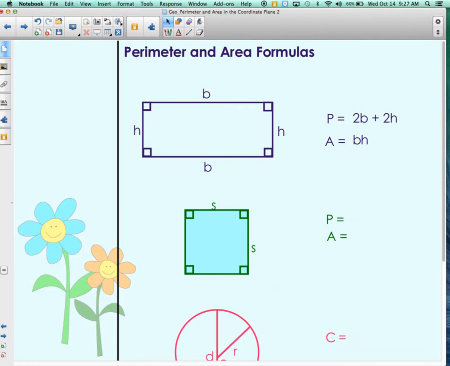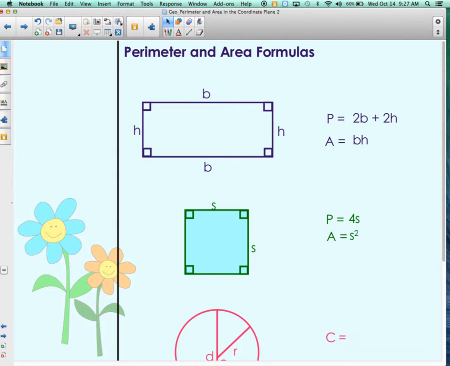Same thing will work for a square, but with a square, you know that all sides are the same. So you could actually shorten this up. For perimeter, there's 4 sides, they're all the same. You could take 4 times your side length. For area, you can do side squared, or you can do base times height. It would be the same thing.